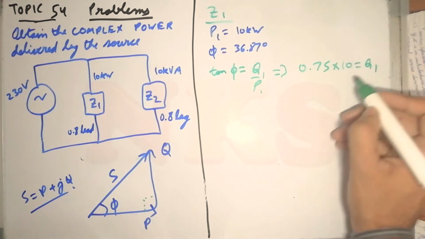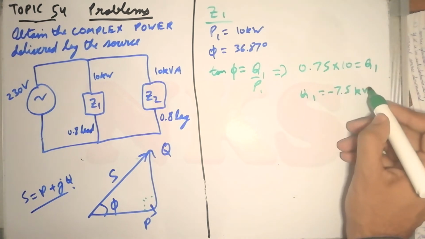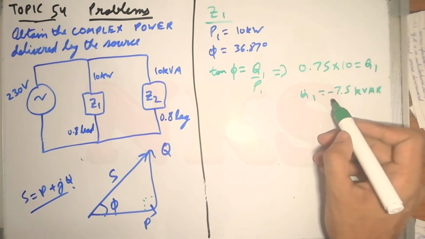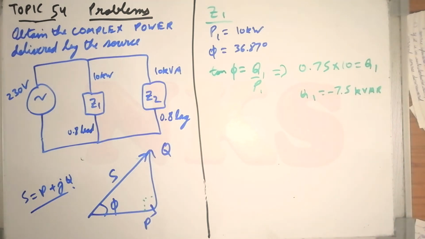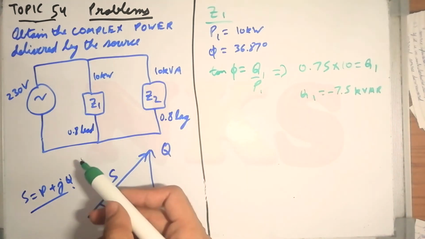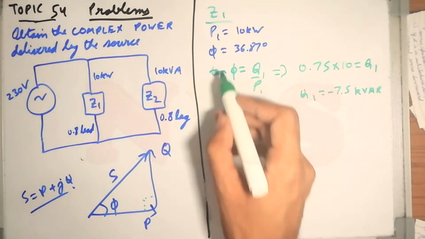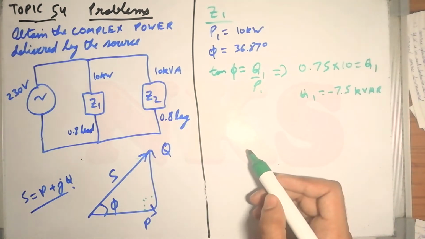This will be our Q1. So Q1 will be minus 7.5 kVAR. Why am I taking minus? Because I have told you the conventions, never ever doubt those. Because it is leading, that is capacitive load nature, our reactive power will be negative. So this is the story over for Z1.